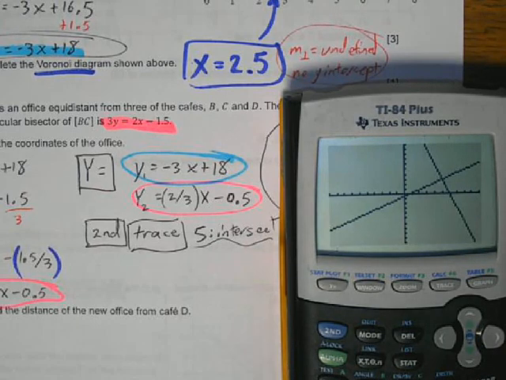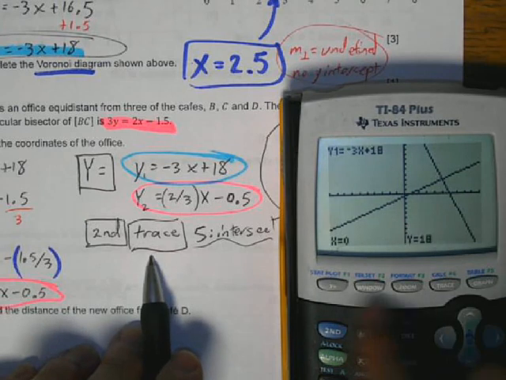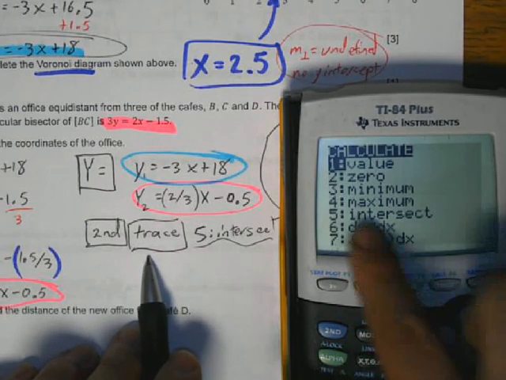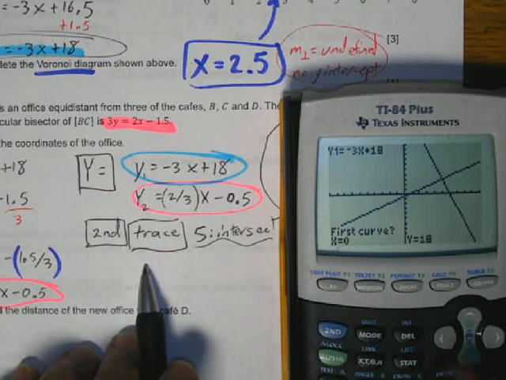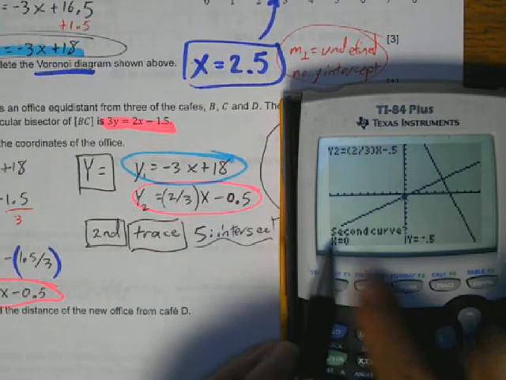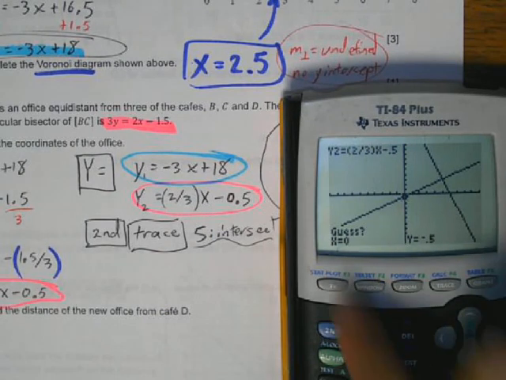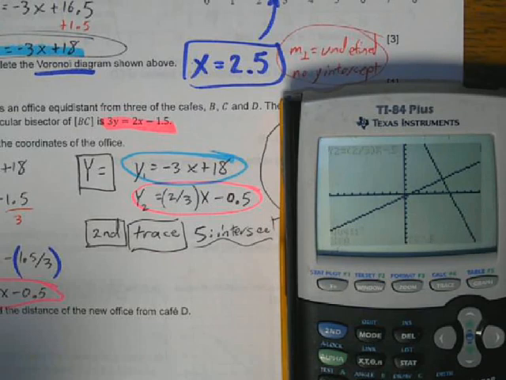Okay, we want to find the intersection, so it's second trace. We're going to hit 5 for intersect. First curve, it's got the first equation. I hit enter. Second curve, it's got the second equation. I hit nothing except enter. It says guess. I hit enter again.